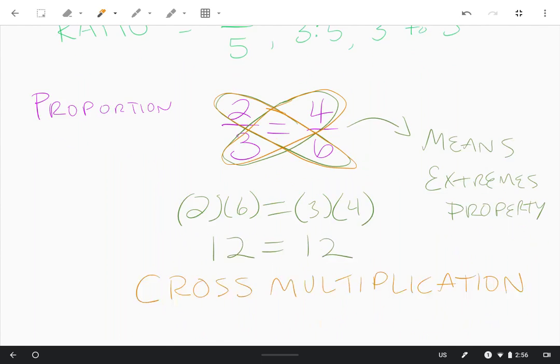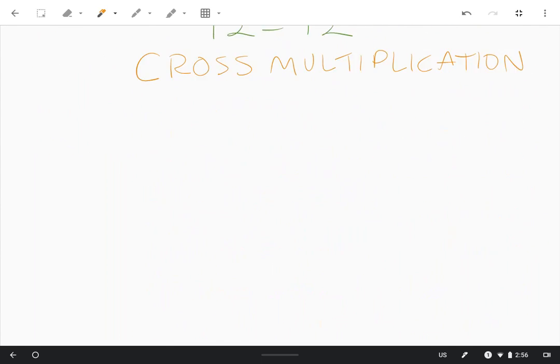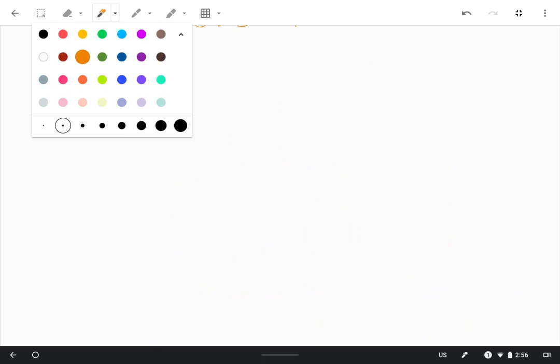So let's look at what this actually looks like in practice. Usually it's going to be used when you have something like this: 1 over x equals 8 over 40. The reason this property is useful is that right now I don't know what x is in this proportion.